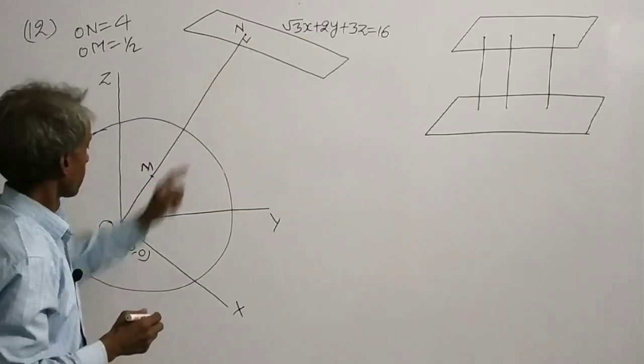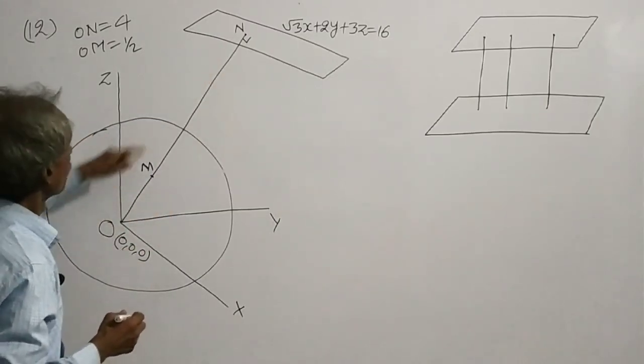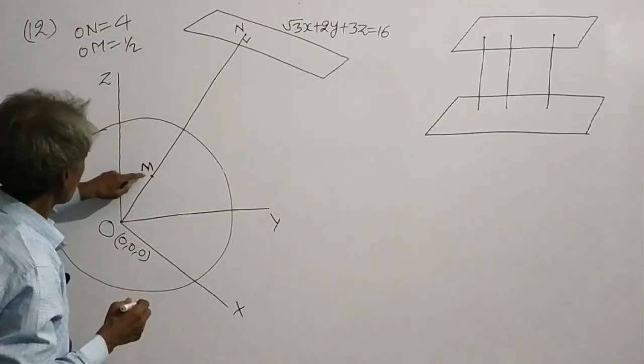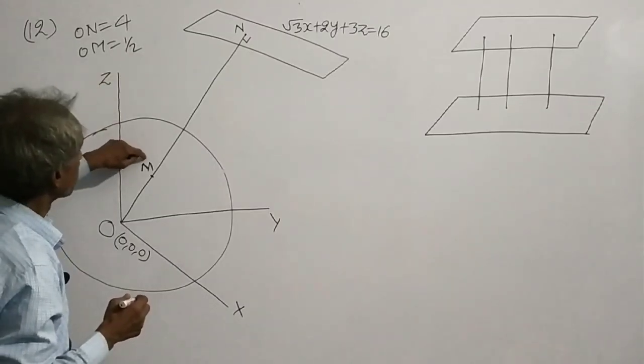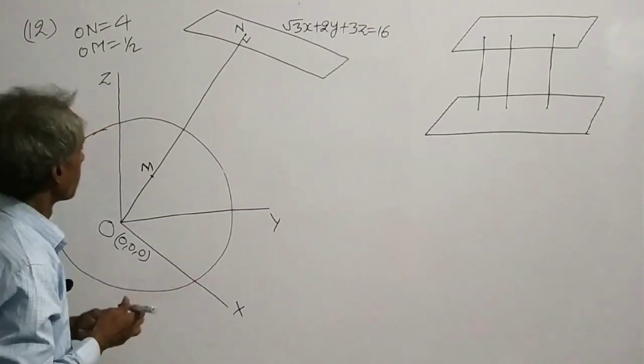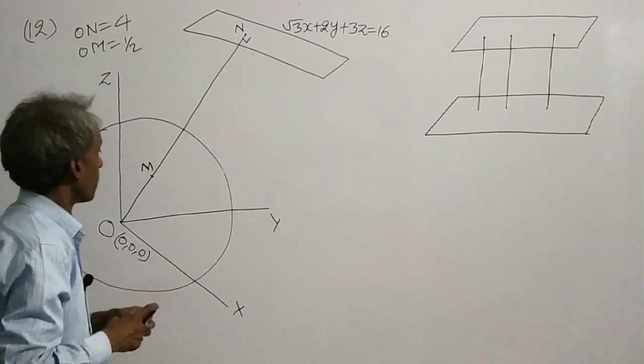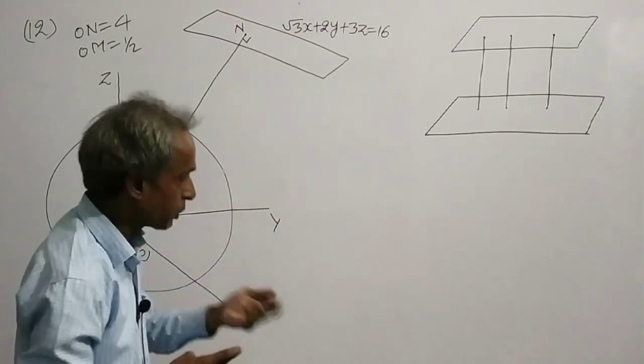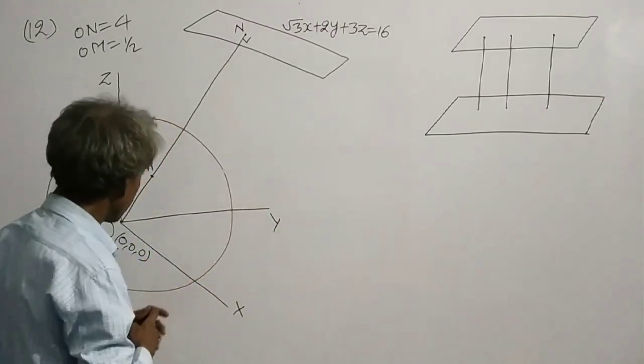On this ON, since ON is 4 units and OM is half unit, therefore MN will be 3.5 units, that means 7 by 2 units.